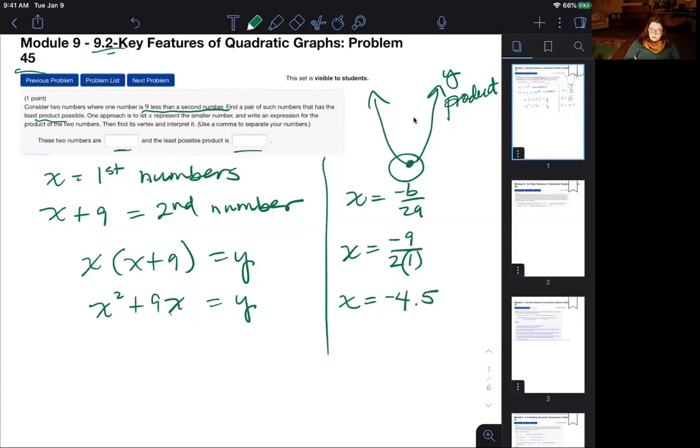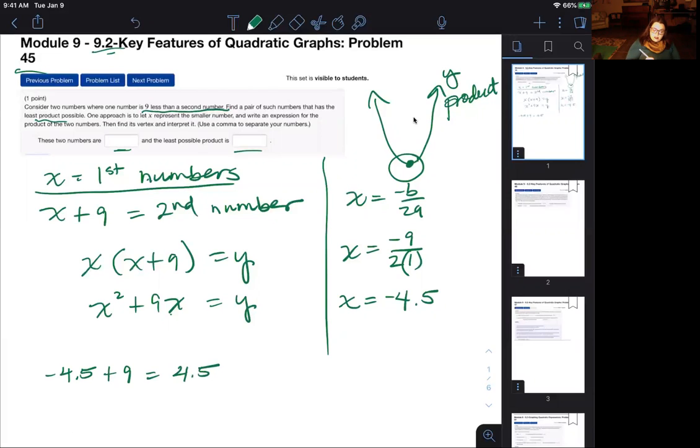4.5. If I use negative 4.5 for the first number and plug negative 4.5 in for x, then I would get negative 4.5 plus 9, which is equal to 4.5.